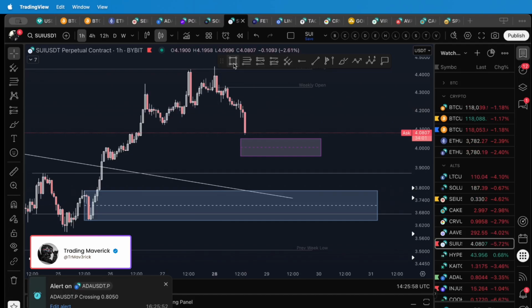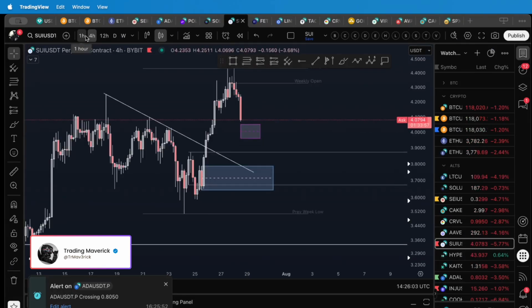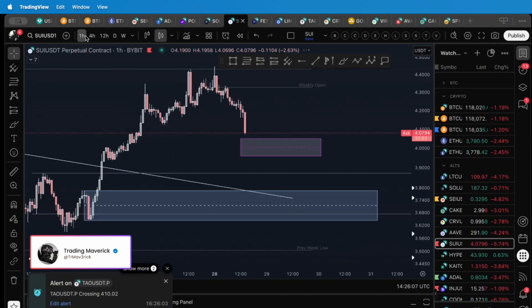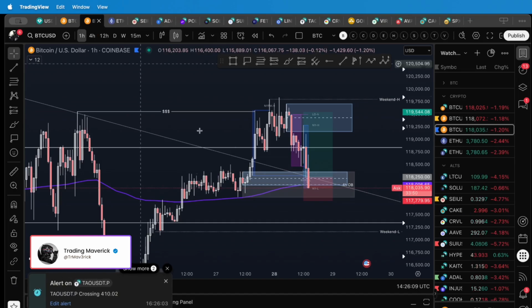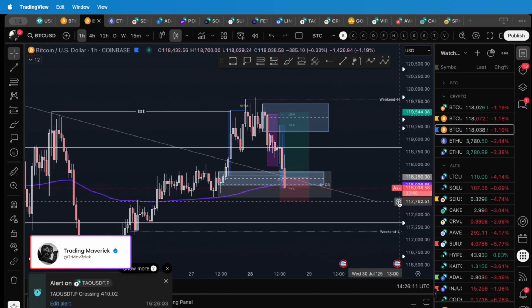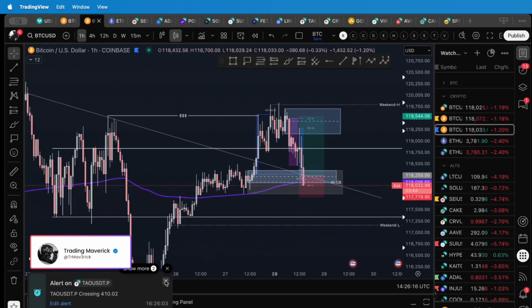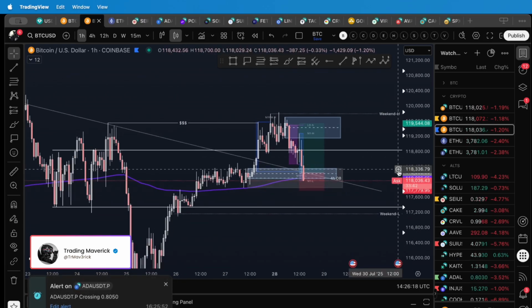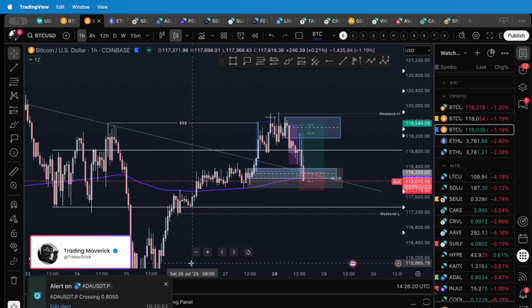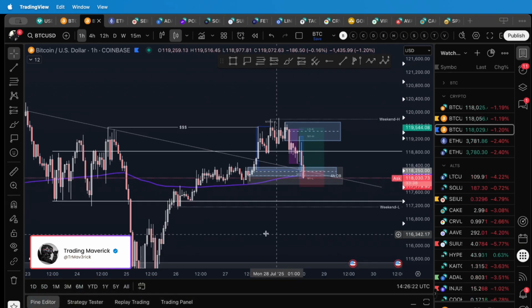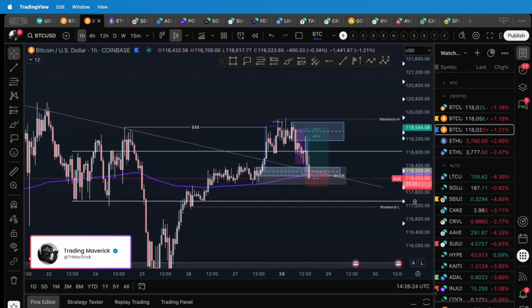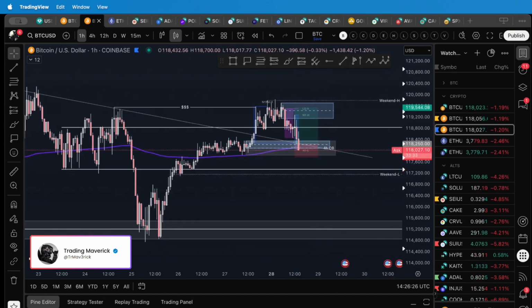Market shitting its pants. So yeah. Yeah, that looks pretty bad on Bitcoin. Well, did we get any news today? Because the market just started to dump aggressively.